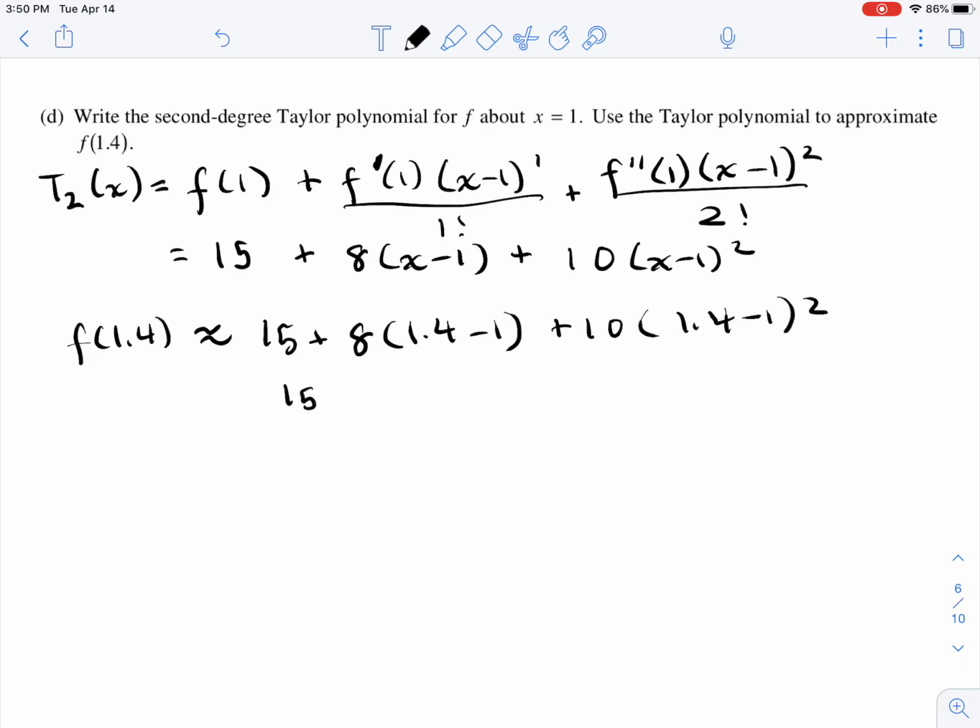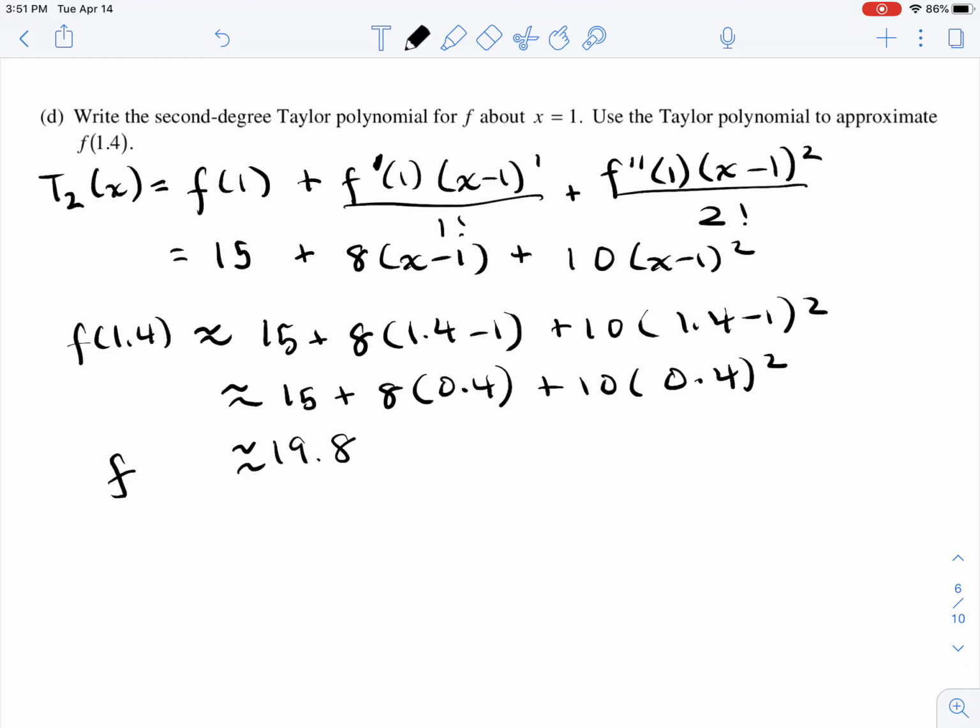That's 15, 8 times 0.4 plus 10 times 0.4 squared. Crunching some numbers, that's 3.2. All of that should give us approximately 19.8. So might as well just bring that down. And there's our final approximation of what f of 1.4 is.